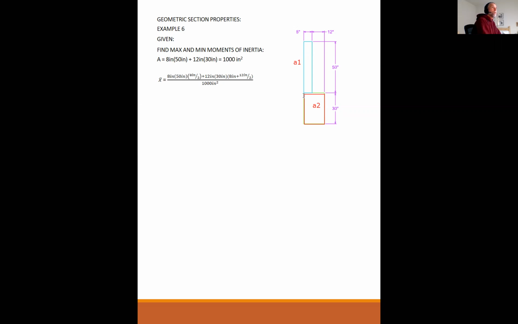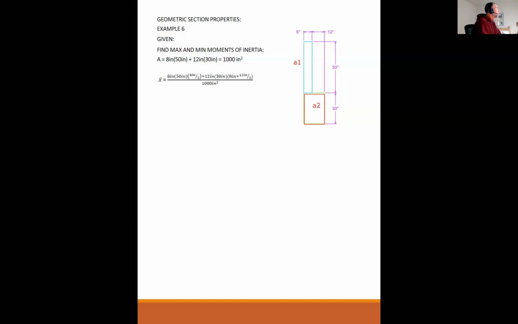Okay, so what we want is where is the center of gravity of the whole section in the x direction and the y direction. So I've got the area 1, which is 8 times 50, plus 8 over 2 to the center, plus, with the typo again, 12 times 30, that's 20 times 30, plus 8, and then, oh, that's just totally wrong.